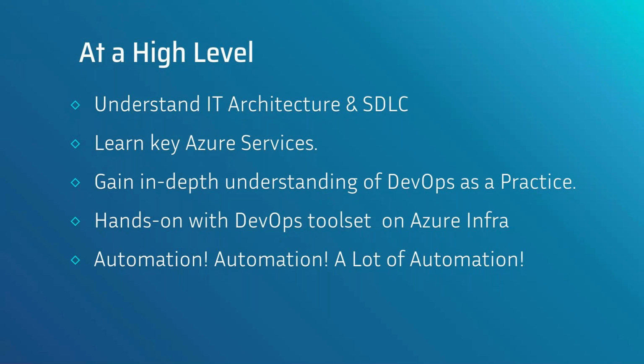And learn key Azure services. Of course, the course itself means DevOps with Azure. That means we are going to learn key Azure services. We're going to learn many services from Azure, from access control to virtual machines, virtual networks, storage, DNS, and a lot of other things.